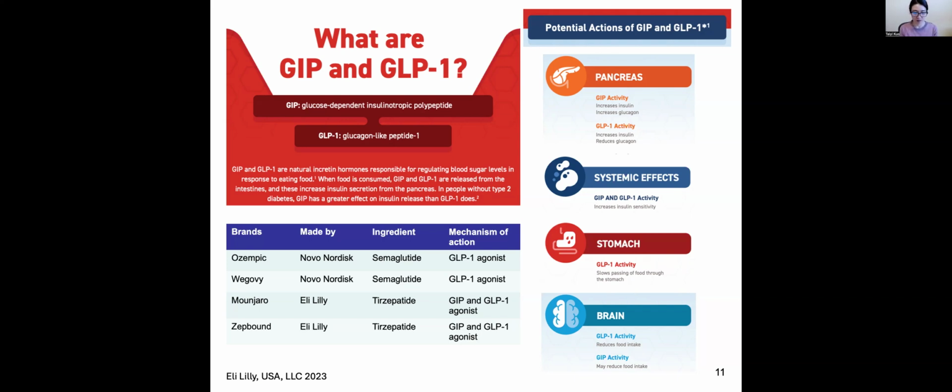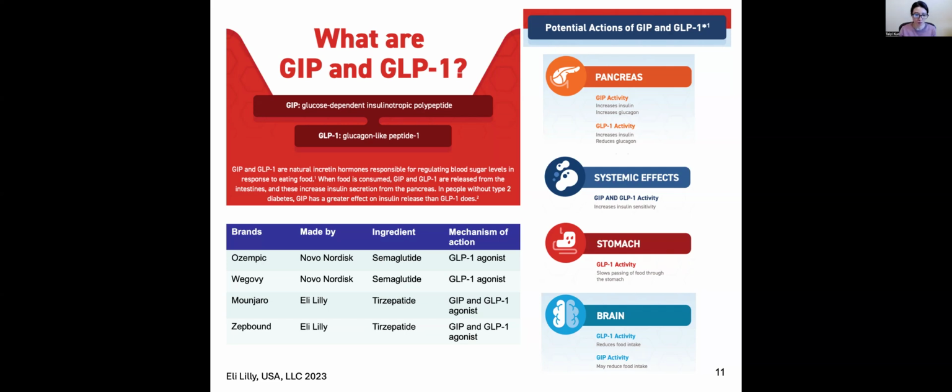We know that GLP-1 binds to the pancreatic beta cell through a Gs, stimulatory GPCR, to increase insulin secretion from the pancreatic beta cell. And for people without type 2 diabetes, GIP has a greater effect on insulin release than GLP-1.